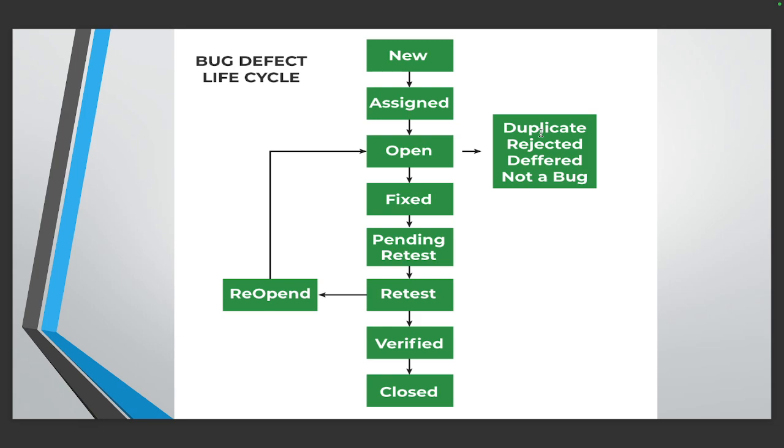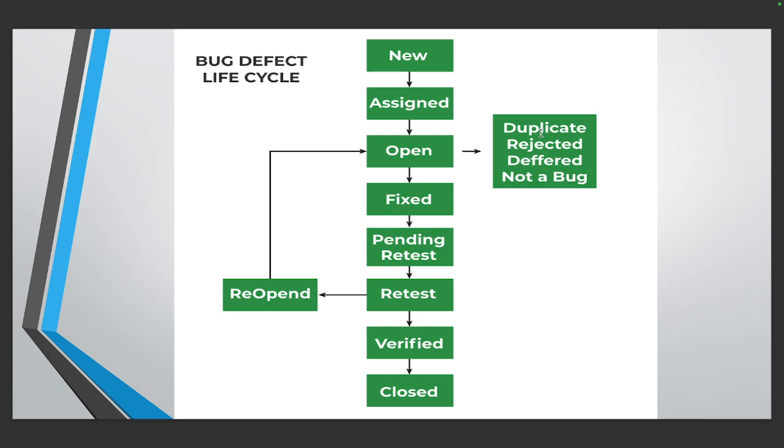By the way, some states are can't be fixed and non-reproducible, as I said before. Can't be fixed is when the developer team fails to fix the defect, for example, because of complex technology or a new technology that the developer uses.